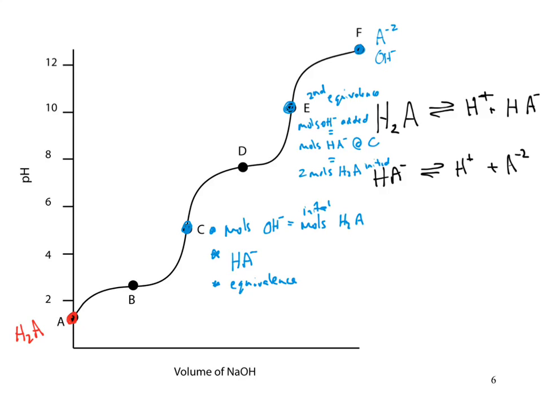B and D. Let's go all the way back to B, because I think B will be a little bit easier to evaluate. What happened at point B? We're in the buffer range, so we could tag that in there. pH equals pKa, but why does the pH equal pKa?